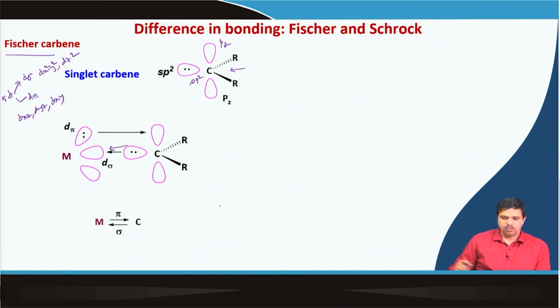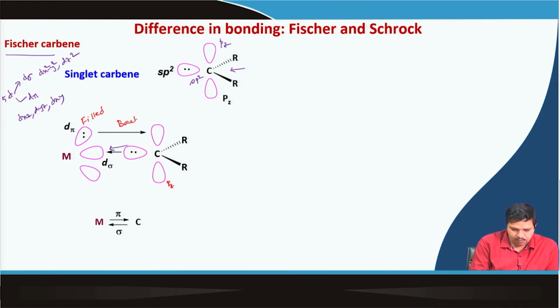Now you have the empty pz orbital, and you have filled d pi orbitals, so there is a possibility of back bonding like this.